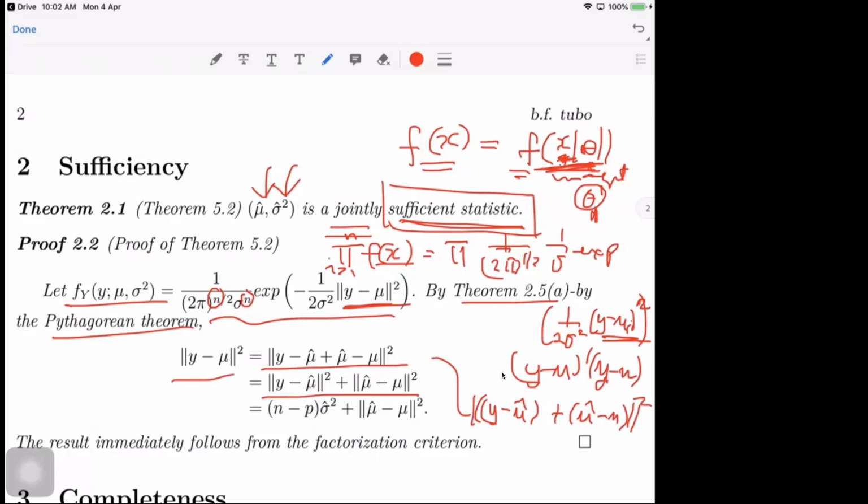So these are the middle terms, no? We have mu hat plus mu hat minus mu prime, and then the other one plus there.